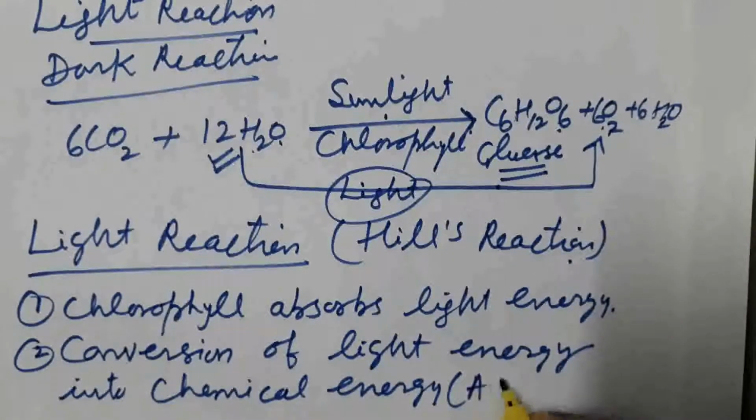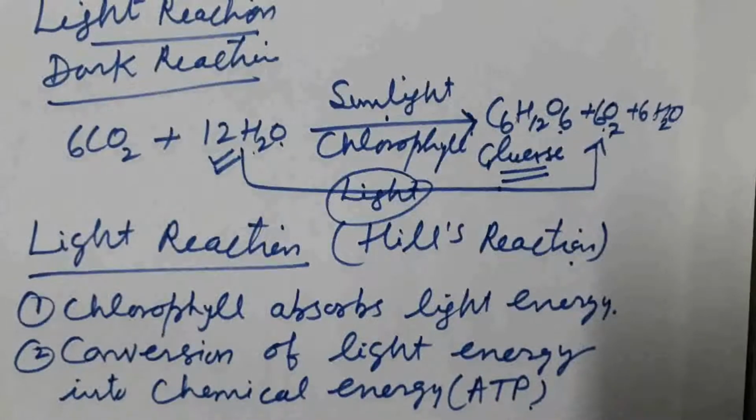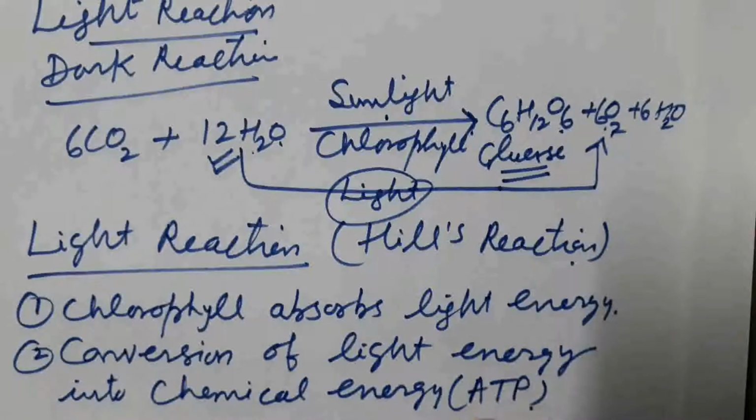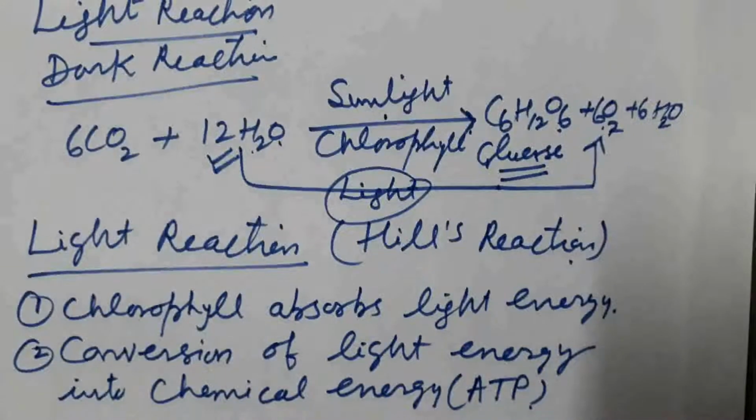That is ATP. What is the full form of ATP? Adenosine triphosphate, which acts as an energy currency of the cell. This ATP is formed in the light reaction for later use in the dark reaction.